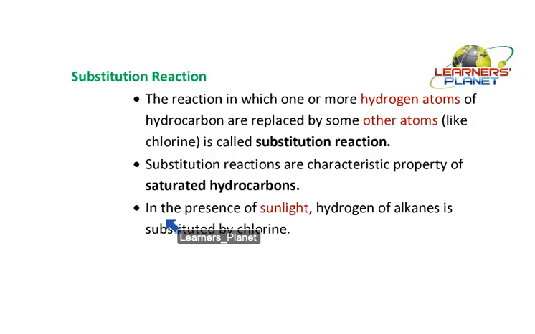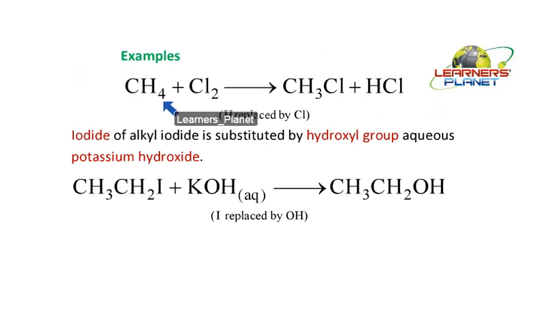There is an example of it. In the presence of sunlight, hydrogen of alkanes is substituted by chlorine. Let's see this example. Methane, that is CH4, when it is treated with chlorine, and here what is essential, students? The essential part here is sunlight.